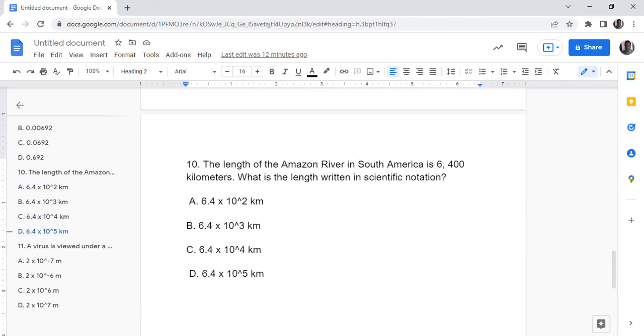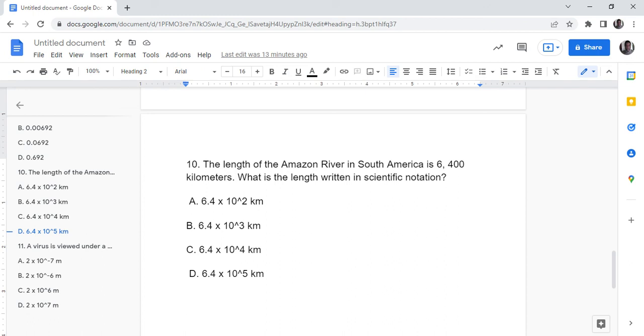Moving down to number 10, the length of the Amazon River in South America is 6,400 kilometers. What is the length written in scientific notation? The same rules apply when calculating scientific notation. So our answer would be 6.4 times 10 to the 3 kilometers. And why not negative 3 is because the zeros come after the 6 and 4.